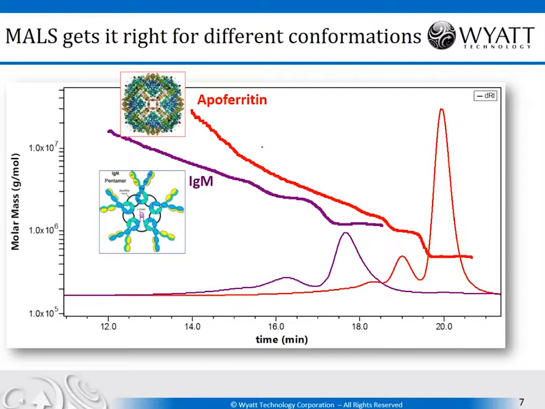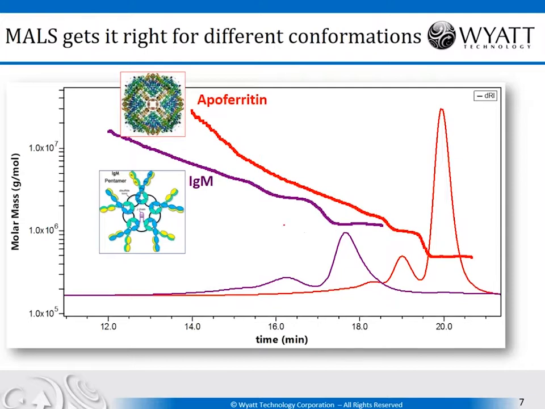In fact, MALS can analyze molecular weights from a couple of hundred Daltons up to hundreds of millions of Daltons, so that's quite a large range. And it can measure sizes from 10 nanometers up to 500 nanometers in terms of radius, and you can also add dynamic light scattering to look at other ranges as well.